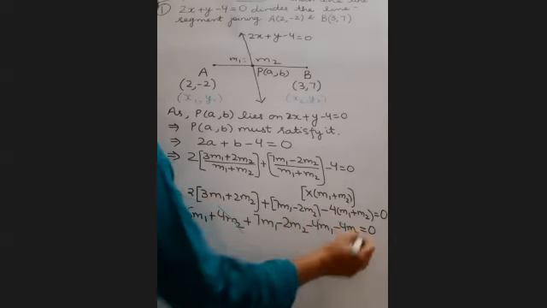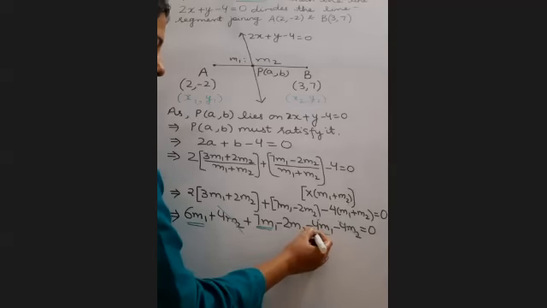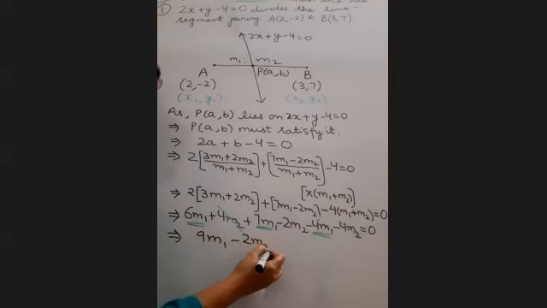Let us collect m1: 6 plus 7 is 13, 13 minus 4 is 9m1. And the m2 terms give minus 2m2.